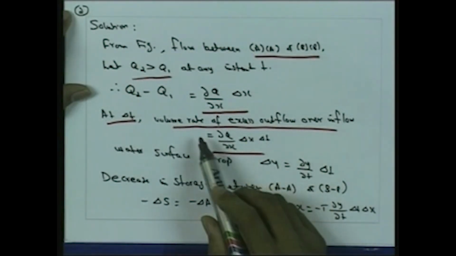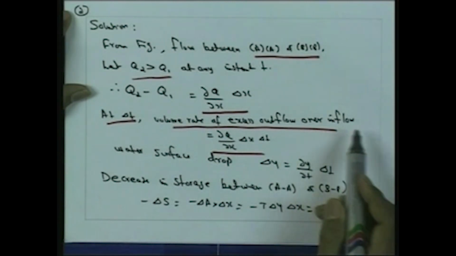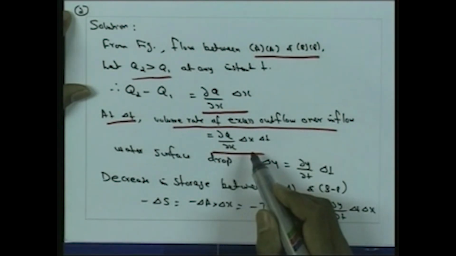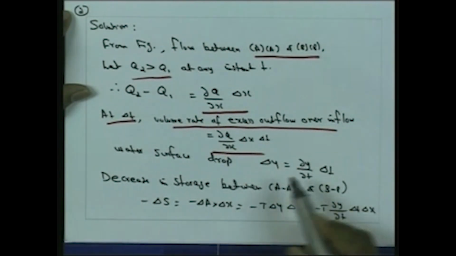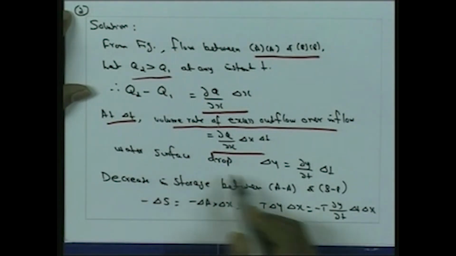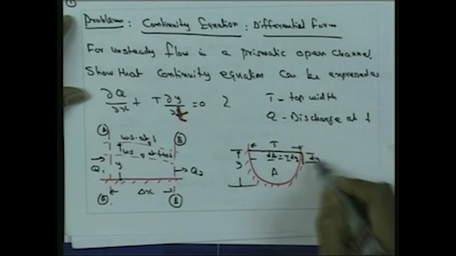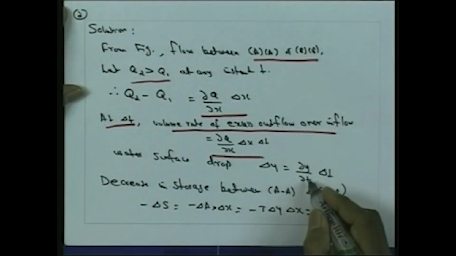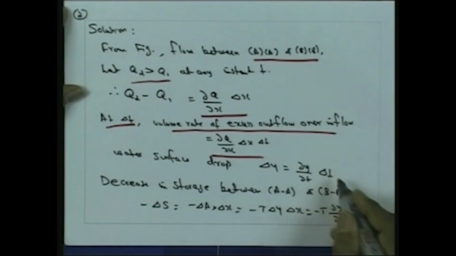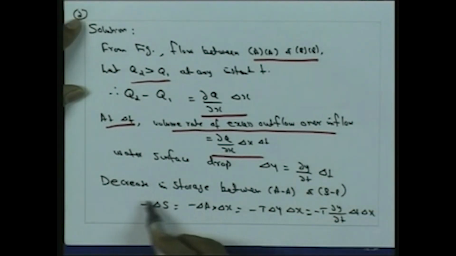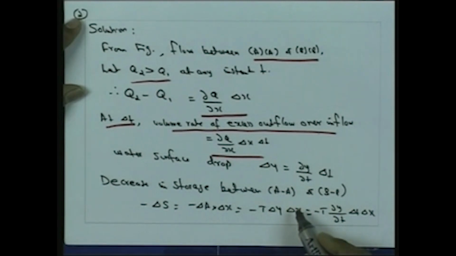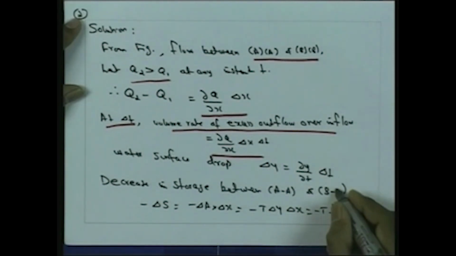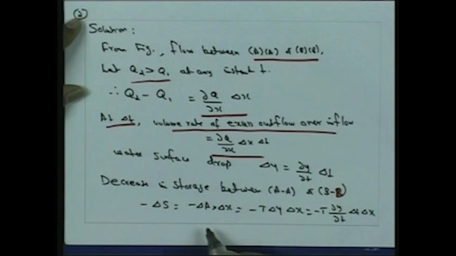So the volume rate of excess outflow over inflow is del q by del x into delta x into delta t, and then the water surface drop, as shown in this figure, delta y can be written as delta y is equal to del y by del t into delta t, and finally the decrease in storage between AA and BB can be written as minus delta S is equal to minus delta A into delta x.